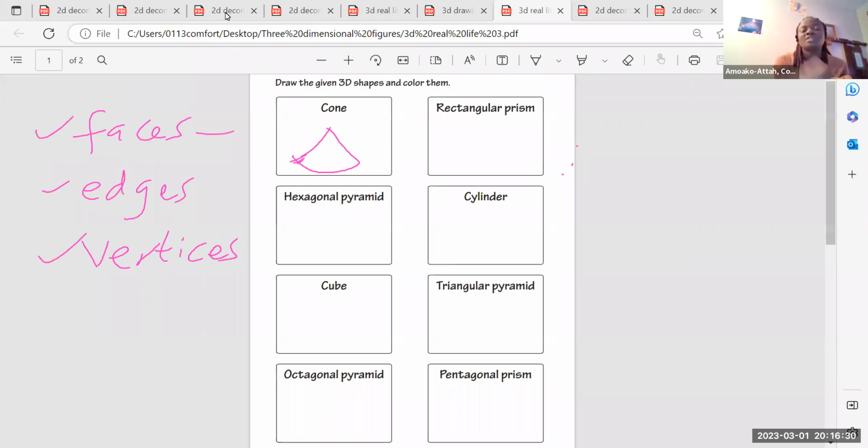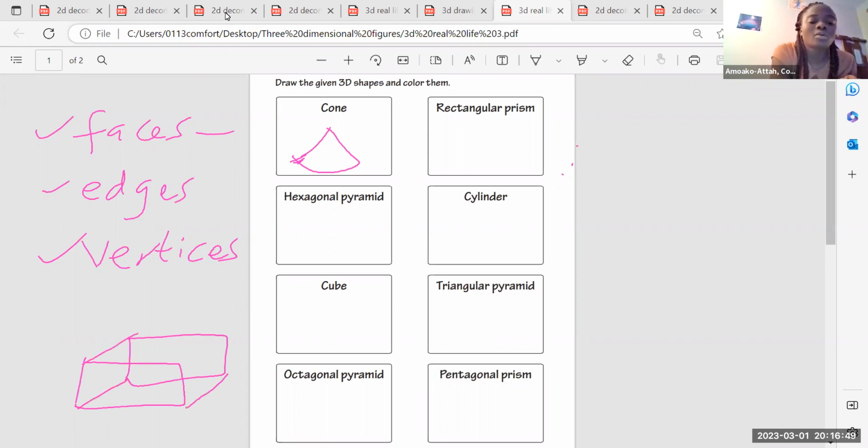So faces, edges, and the vertices. What is a face? It's a flat surface. What is an edge? When 2 lines meet. What is a vertex? So if I have, let's assume I have a cuboid here. Okay, so let's see this. How many faces? 1, 2.